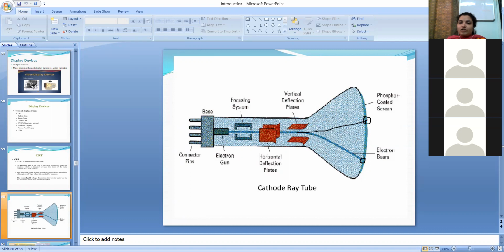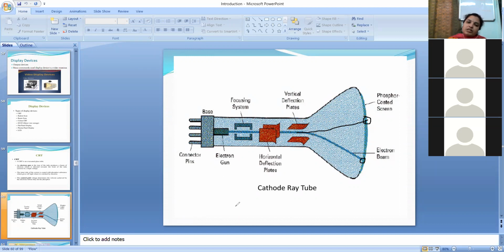This change of color is nothing but the pixels displayed on the output screen. The electron gun is responsible for generating this electron beam by getting the appropriate voltage from these connector pins. That is the job of the electron gun. Then the base is where all these instruments are mounted.